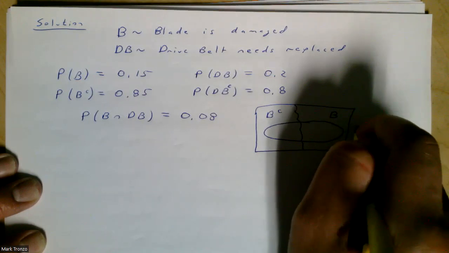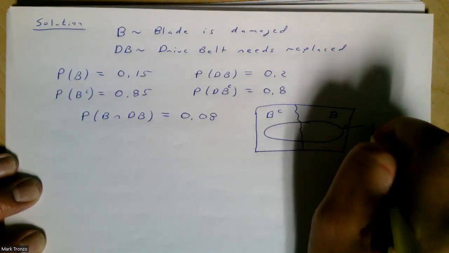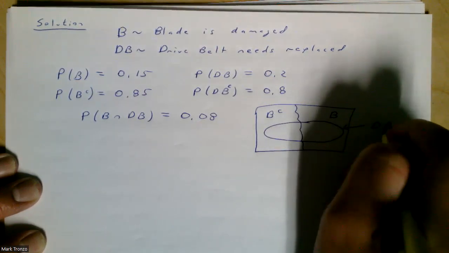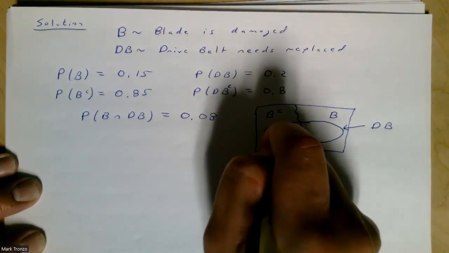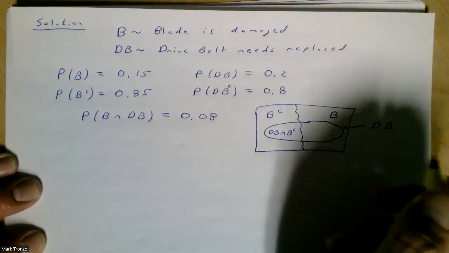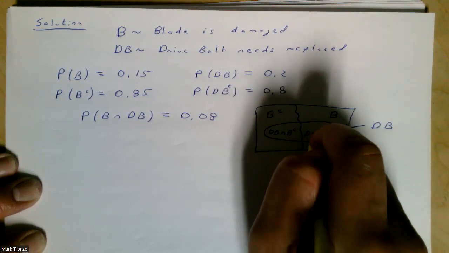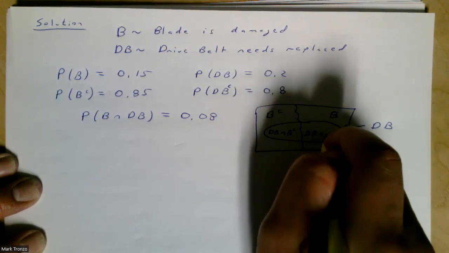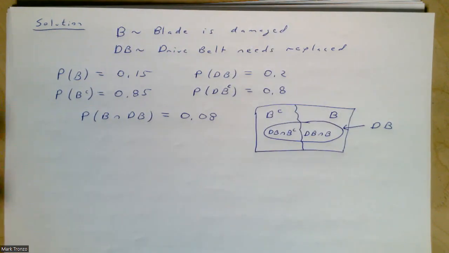So down here, again, this is the event DB intersection BC. This is DB intersection B, like that. So we might be using that here in a minute.